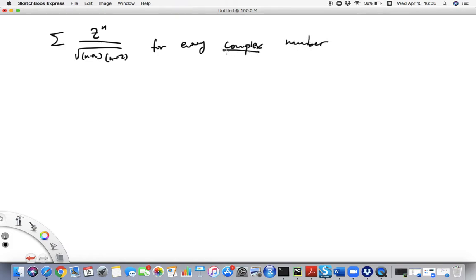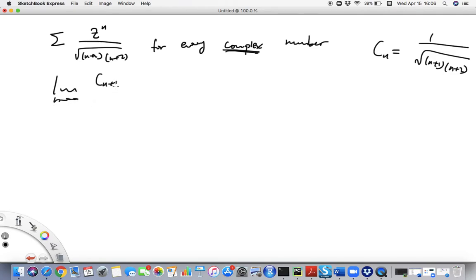It's important to know that you have to consider all the complex numbers, not just the real numbers. But the first step is the same. We take the ratio of the coefficients. So let c_n be 1 over the square root of (n+1)(n+2).